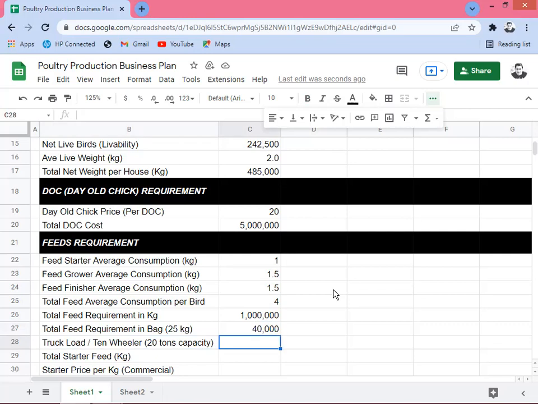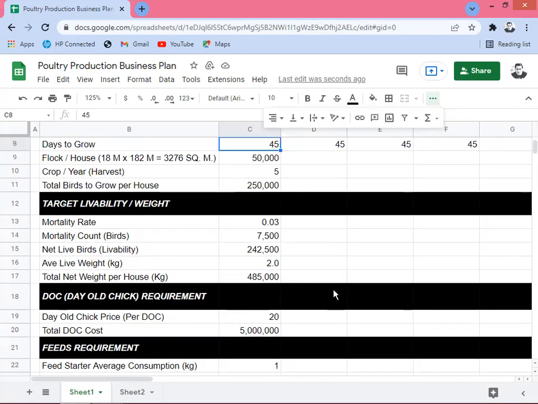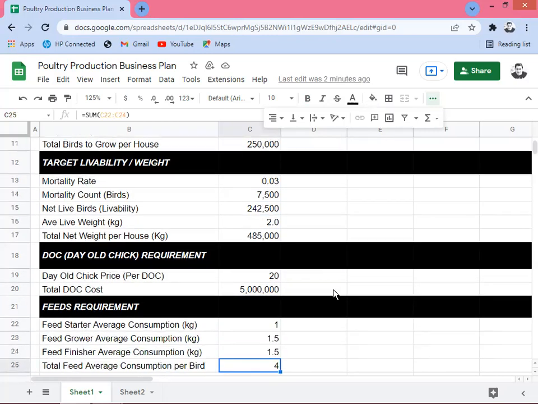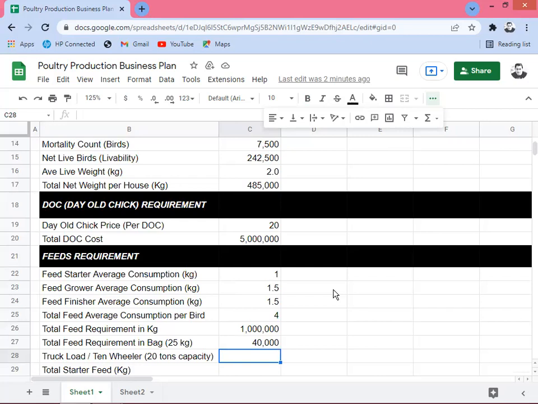All right, so how many truckloads do we need in 1 year for the 250,000 gross birds that we're going to grow? The production yield would be 242,000 because of the mortality rate.